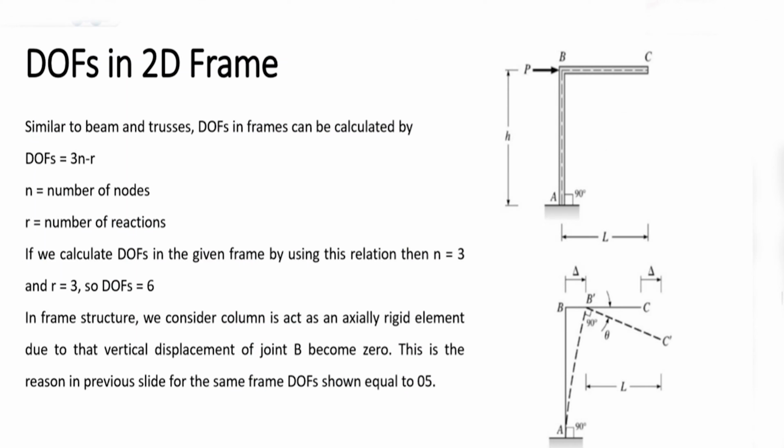Now come to the 2D frame. The formula to calculate the degree of freedom in a 2D frame is 2n minus r, where n is the number of nodes and r is the number of reactions.